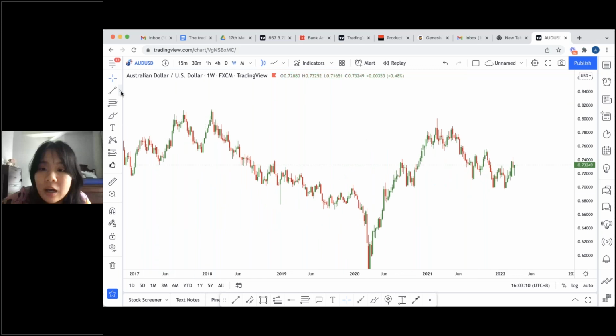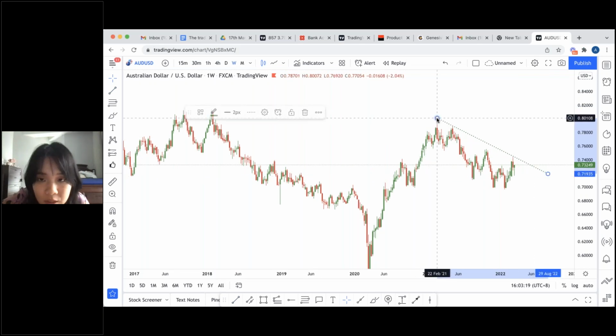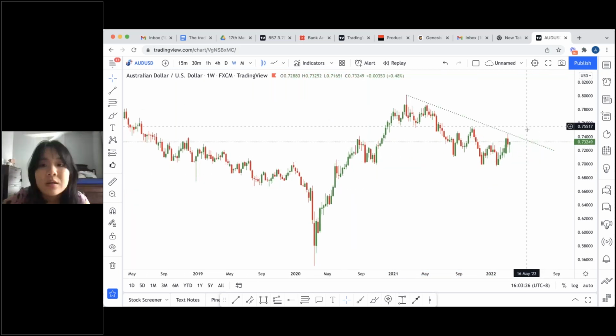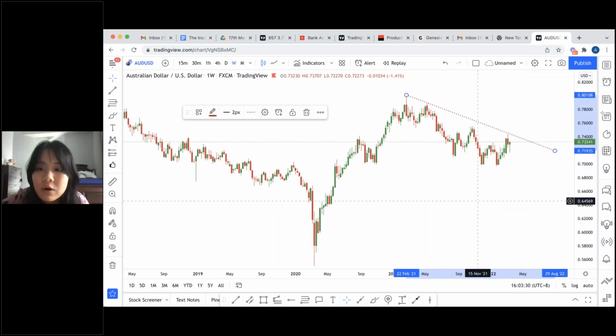On the weekly, we see a descending trend line here. It's not the best one, but there are 3 touches. From the larger time frame, price usually likes to abide by the higher time frames, so on the weekly it is on a descending trend.